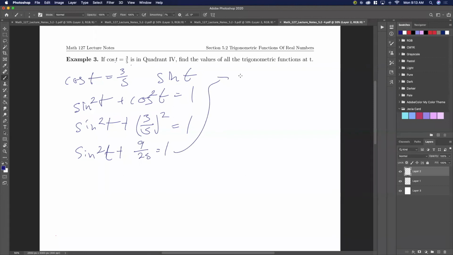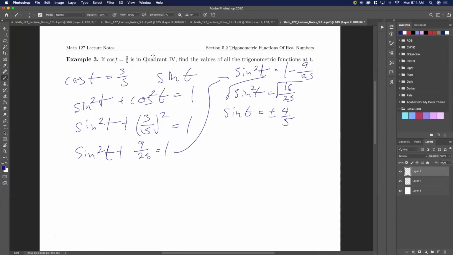I'm going to solve for sine, so sine squared of t equals 1 minus 9/25, which is 16/25. I'm going to take the square root of both sides, so sine of t is equal to plus or minus 4/5.